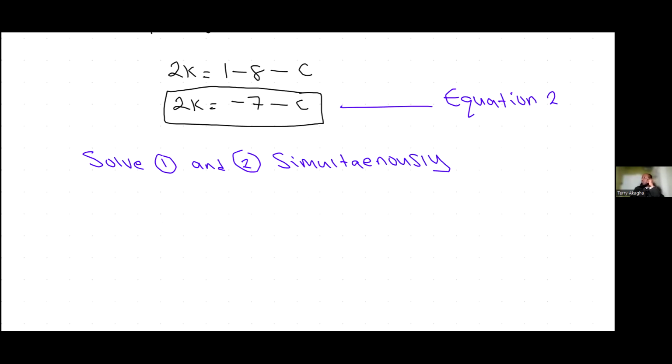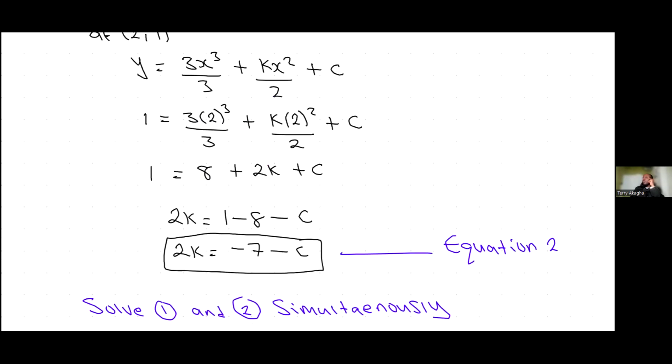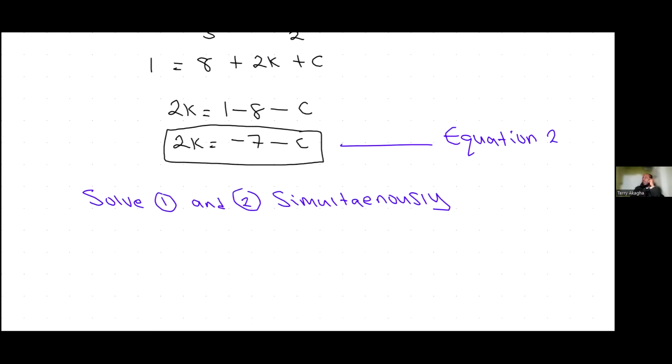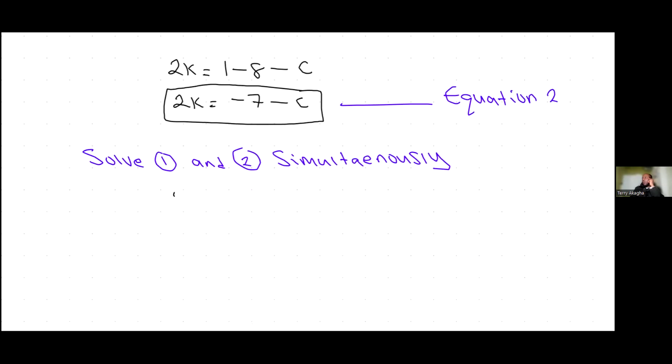So the first one, we have k is equal to 10 minus 2c. And the second one, we have 2k is equal to minus 7 minus c. What I can do is multiply equation 1 by 2, because I want to use the elimination method here.